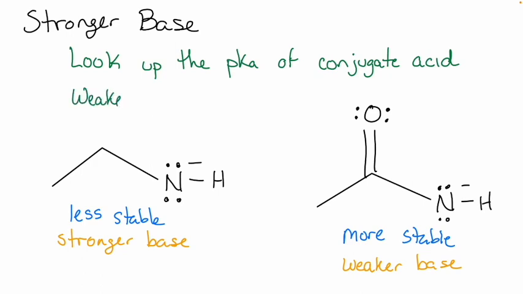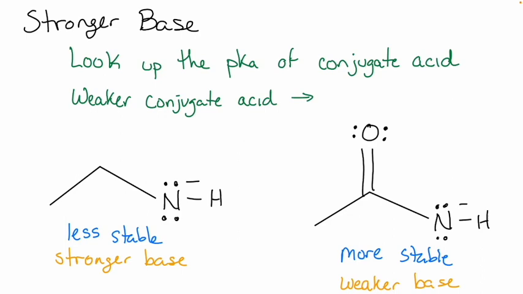Right, the weaker acid, or weaker conjugate acid, gives us our stronger base. And the weaker the conjugate acid, that means what? A big pKa or a small pKa? Big pKa. So the weaker the conjugate acid, aka the larger the pKa, the stronger the base.